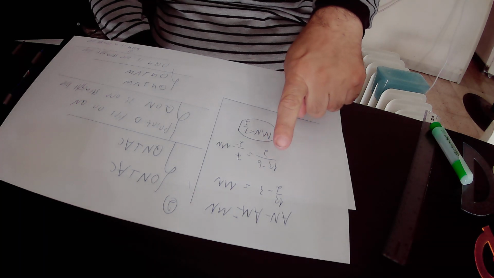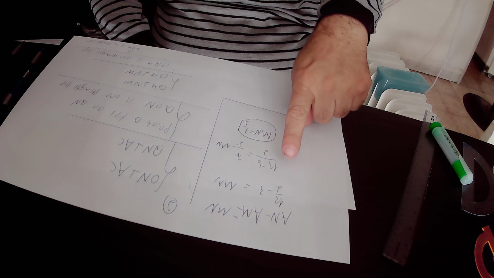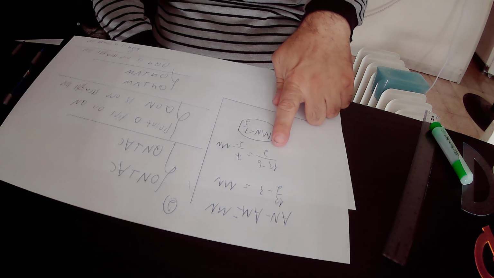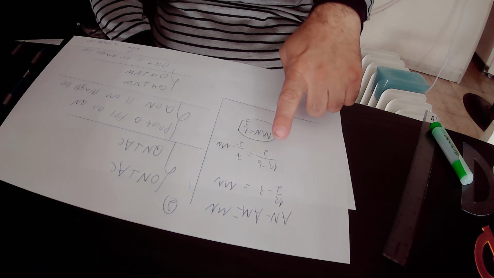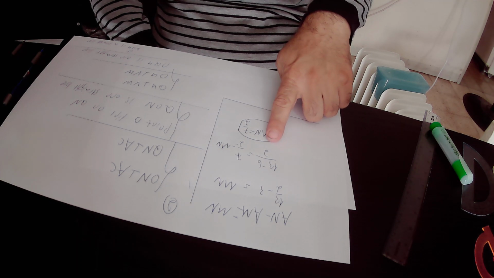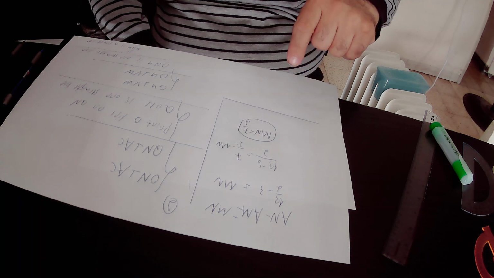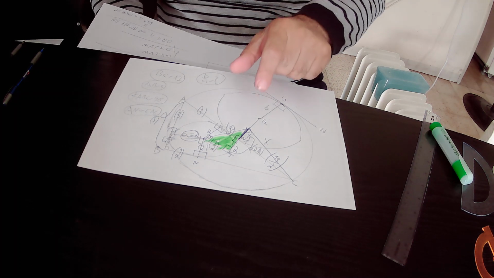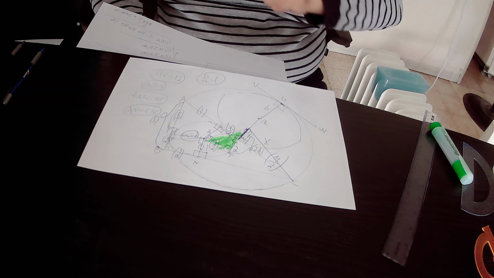We multiplied 3 by 2 and then divided by 2 in order to have a common factor with 13 over 2. So 13 over 2 minus 3 times 2 over 2, which is 6 over 2. So in the numerator we have 13 minus 6, this is 7 over 2. So in conclusion, we found out that MN equals 7 over 2 units in length. This line segment MN equals 7 over 2.